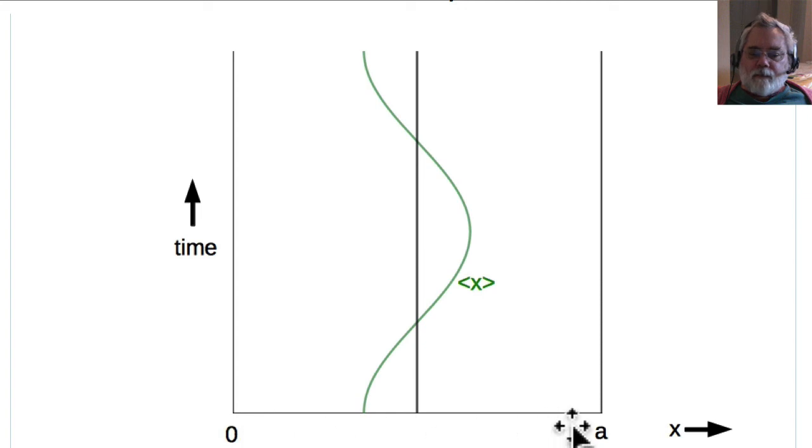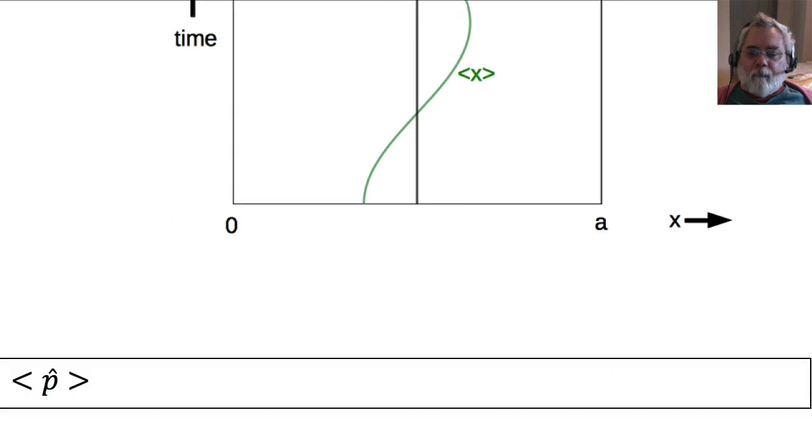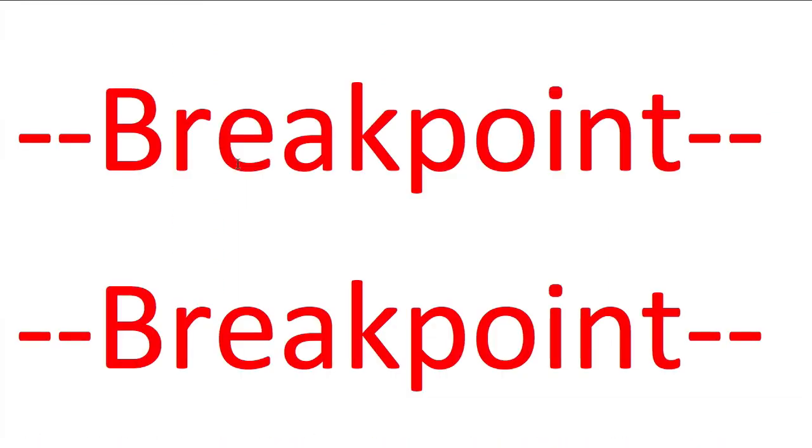So here's the box, 0 to a. This is expected value of x. It starts out on the left side of the box, moves to the middle, to the right, to the middle, to the left, and repeats. This is a possible time to take a break.